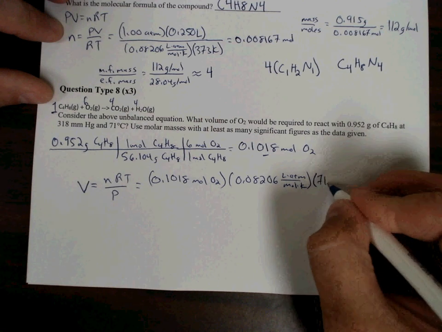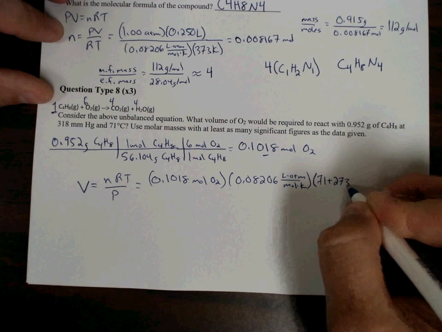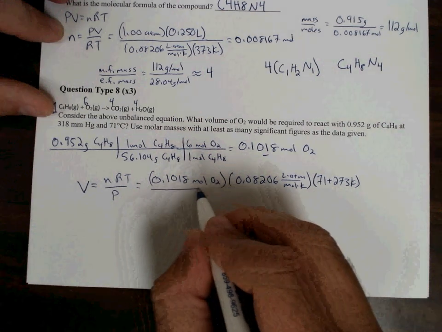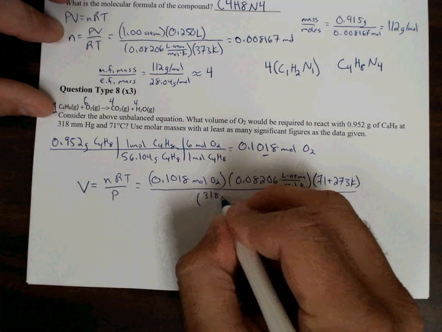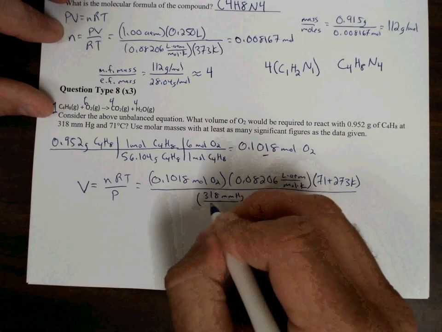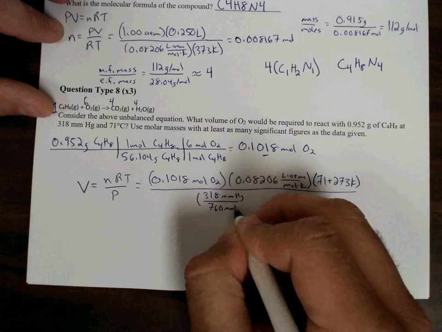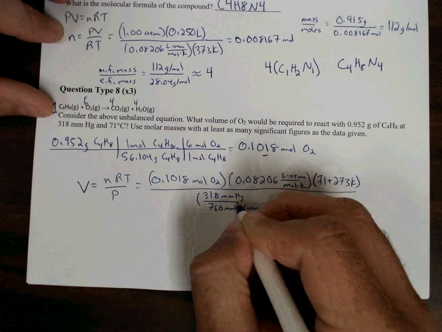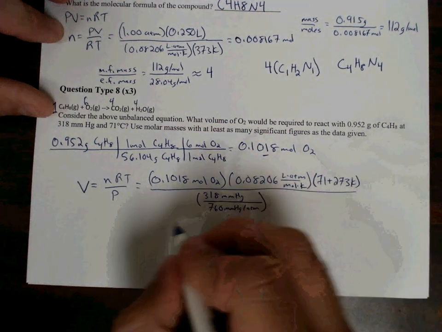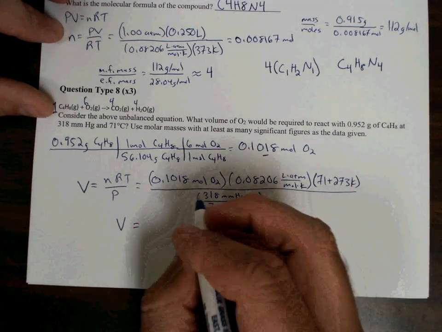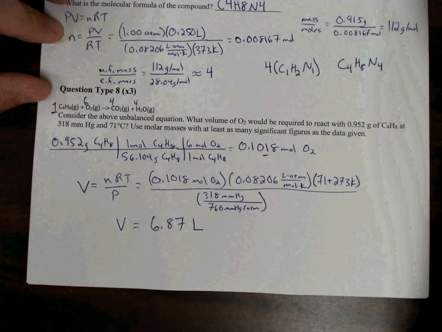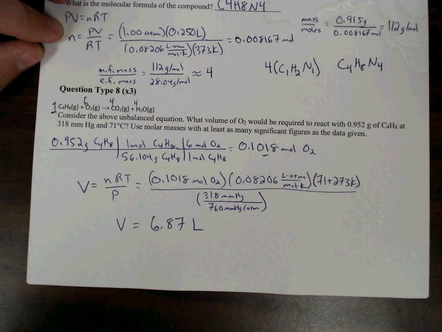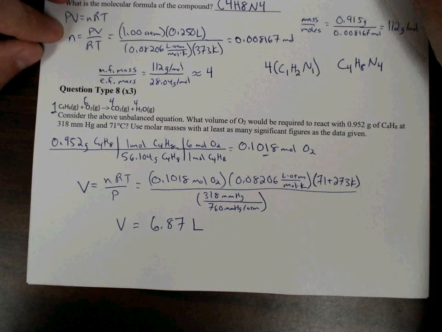Because we're doing the temperature, we need to add 71 plus 273 Kelvin. And then we're going to take 318 millimeters of mercury and divide that by 760 millimeters of mercury per atmosphere. Plug this into your calculator, you get 6.87 liters volume for this reaction at those conditions.